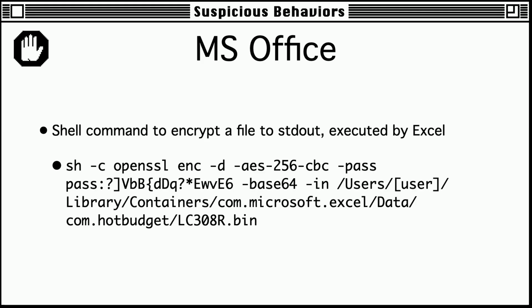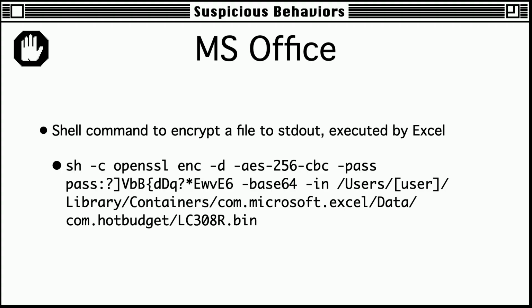And then here's another really interesting one that I don't even know whether this would work these days or not. But it's basically a shell command being executed by Excel that's trying to take a file in the Excel data folder in containers, encrypt it and send it to standard out, presumably to then send it off to somewhere else, to the attacker.